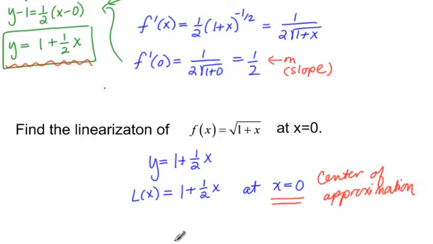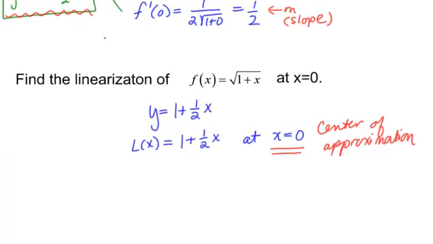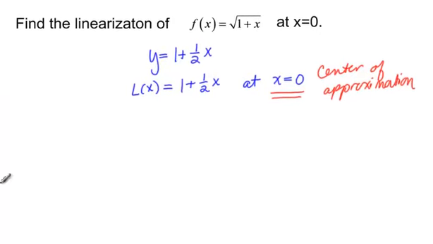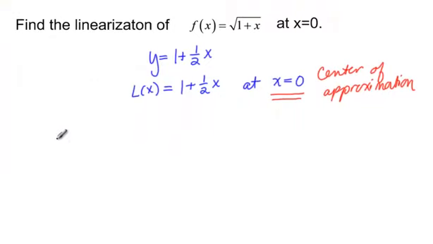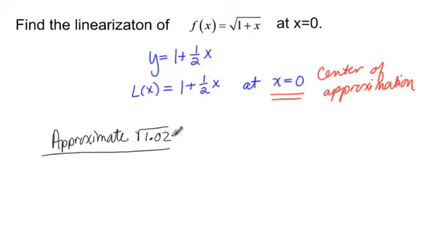Okay, so now we can do a few things with this. For example, if I say approximate the square root of 1.02. So this is what I want us to do. I want us to approximate the square root of 1.02. All right, so if you're trying to do this without a calculator, you know it's going to be pretty close to 1 because the square root of 1 is 1.